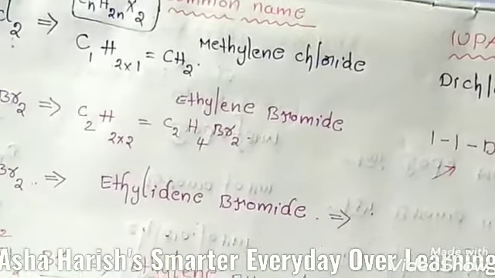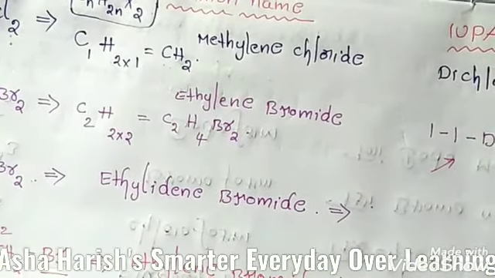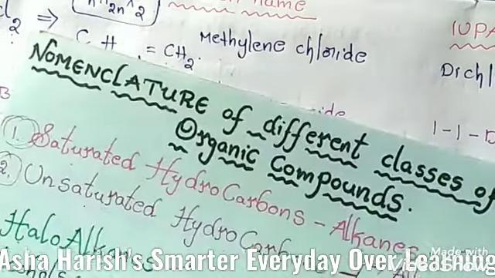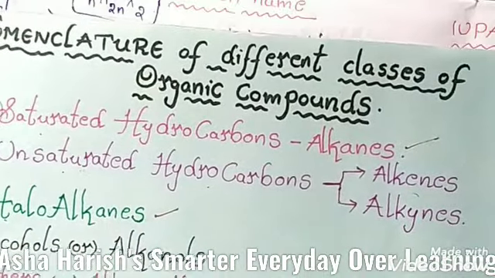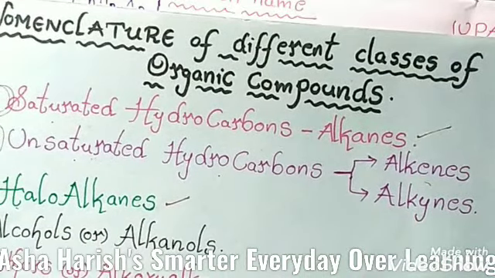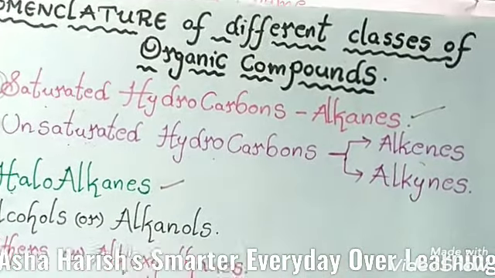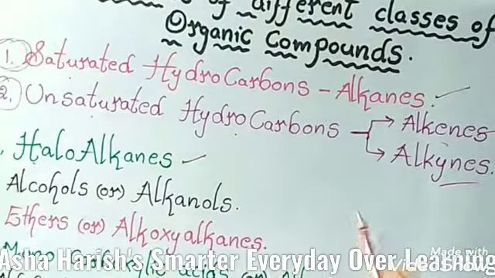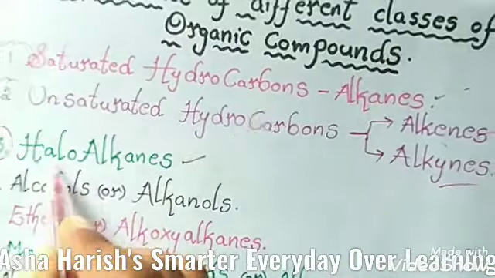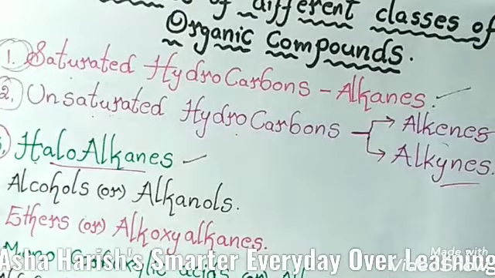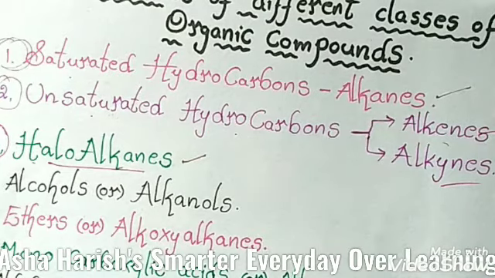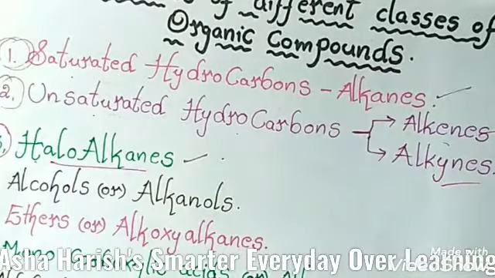Okay students, this is about the complete topic of organic chemistry, some basic principles and techniques, a small topic on the nomenclature of different classes of organic compounds. Saturated and unsaturated hydrocarbons, alkanes and alkenes are completed, and the third one, haloalkanes, is also completed. Up to now three are completed.